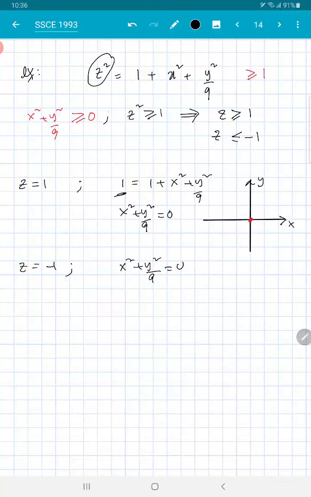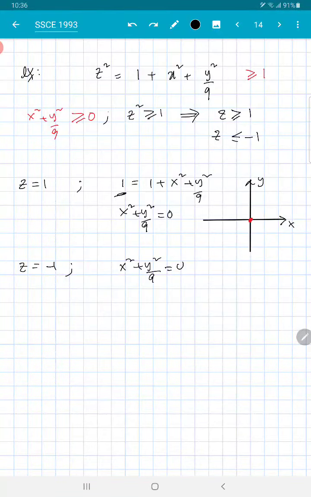For z equals 1 and z equals negative 1, we have the same shape of level curve, which is just a point, the origin, which is the point (0, 0). Okay, with 2 points you cannot tell much about the surface, so we need more level curves.